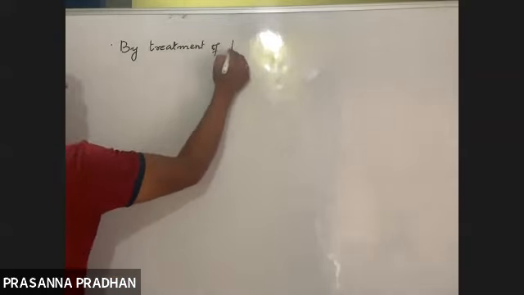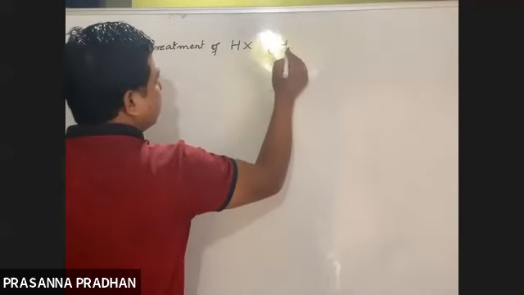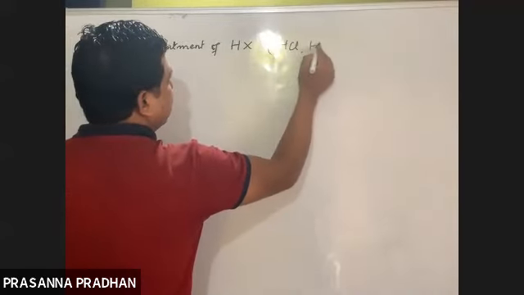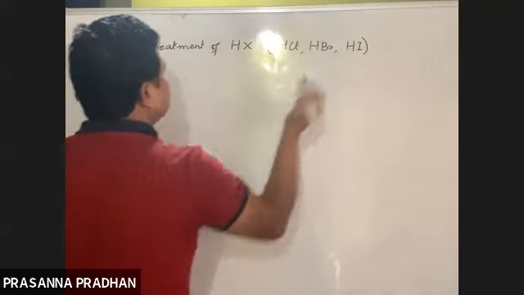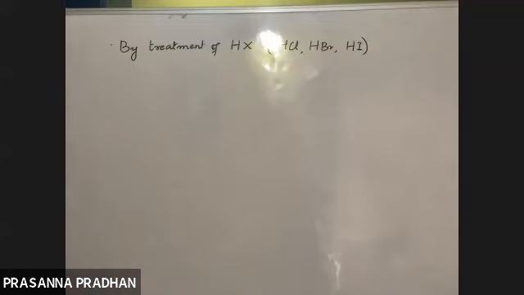The halogen acids are usually HCl, HBr and HI. So alcohols on reaction with halogen acids get converted into alkyl halides.